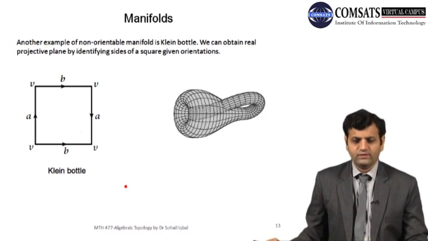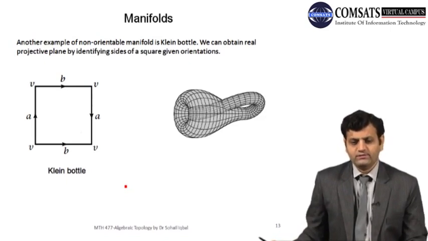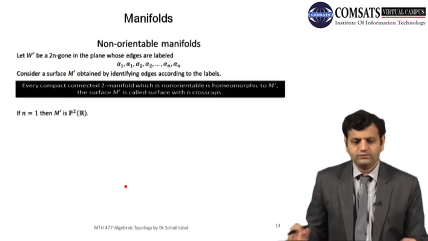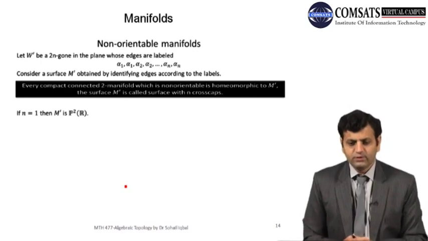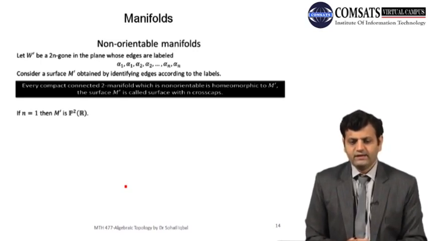So far we have seen two examples of non-orientable manifolds which can be obtained by identifying the sides of a polygon. Now this result says that we can obtain any non-orientable manifold by identifying the sides of a polygon.